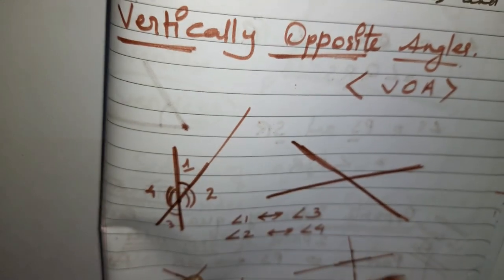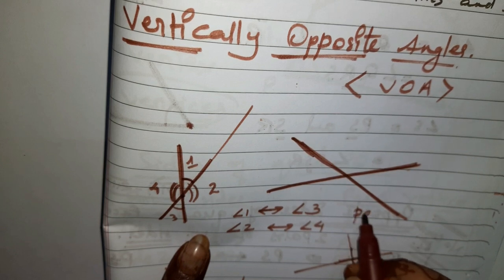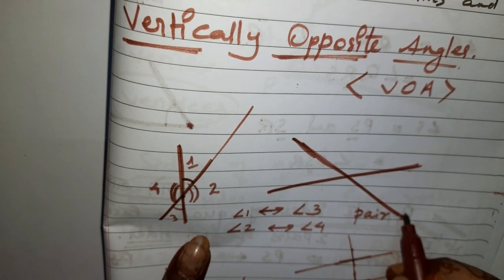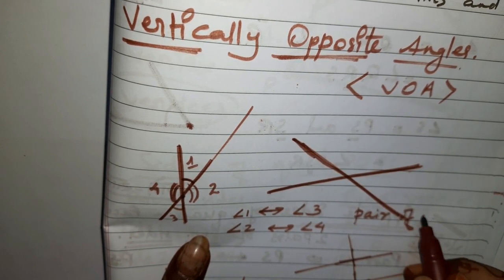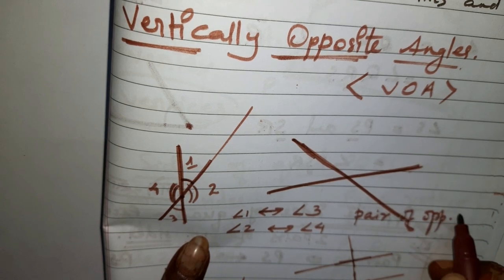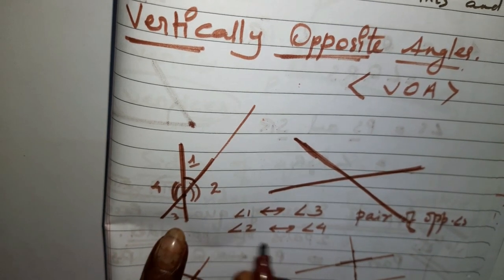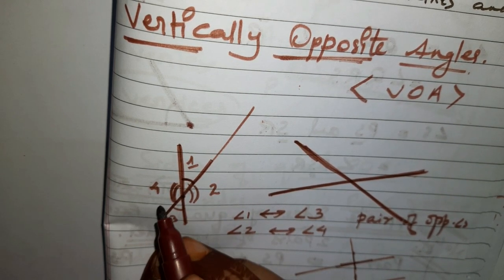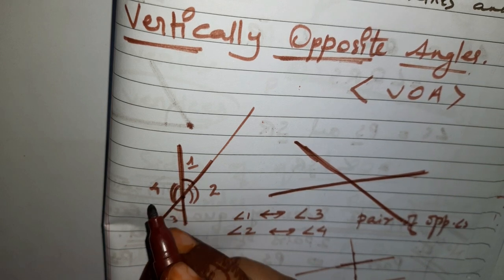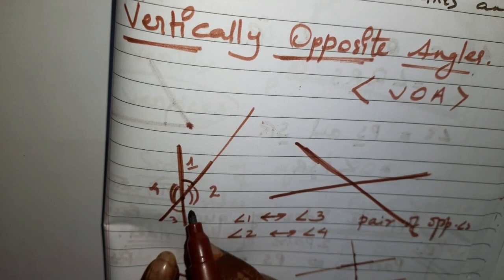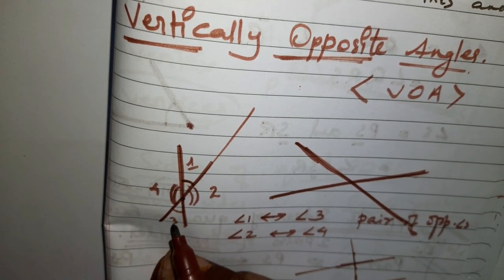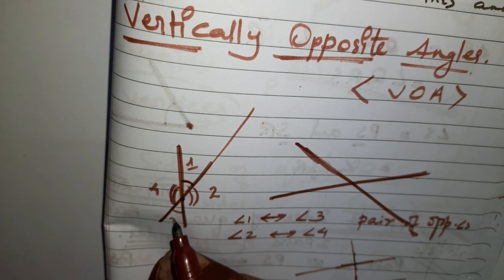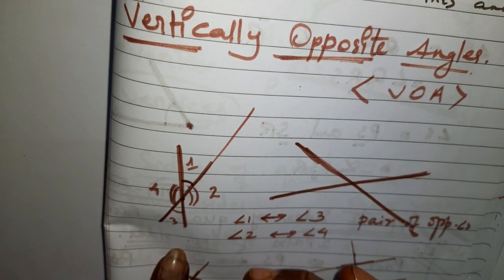Now when we get a pair of opposite angles, these pair of opposite angles are known as vertically opposite angles. They are just vertical to each other and they are opposite to each other. That is why we call them vertically opposite angles, and a set of vertically opposite angles are always equal.